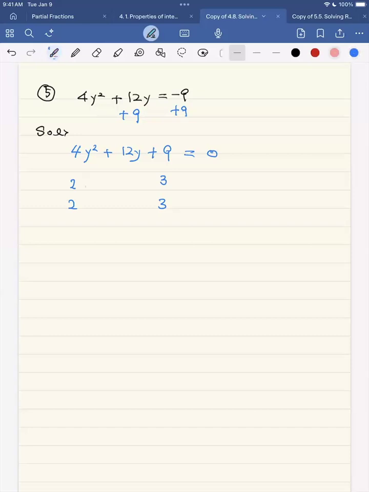And then we think about the cross multiplication and then add them up. 2 times 3 equals 6, and 2 times 3 equals 6. When we add them up, we get 12. This number is identical to the number in front of y, so this is the right decomposition. If that doesn't work, then you have to try another number.